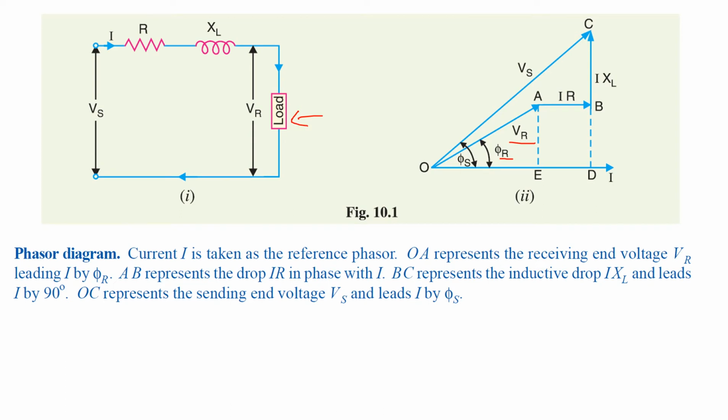So if the power factor of this load is unity, then the orientation of this VR will be along the current I.